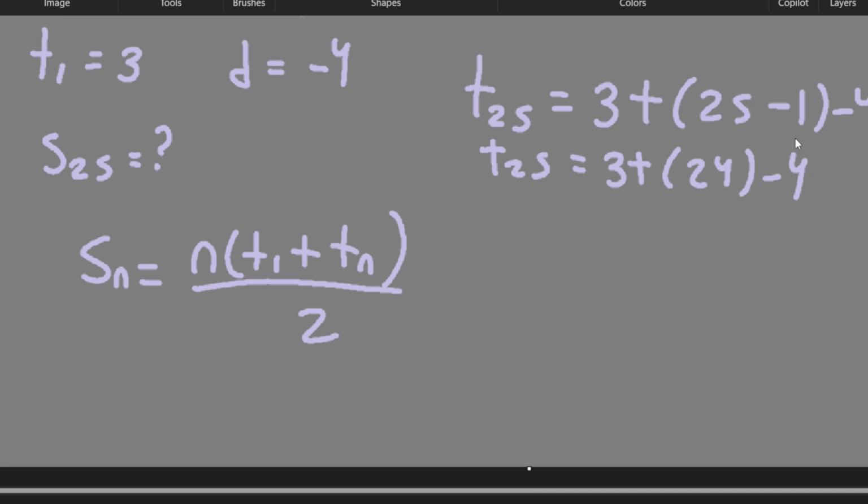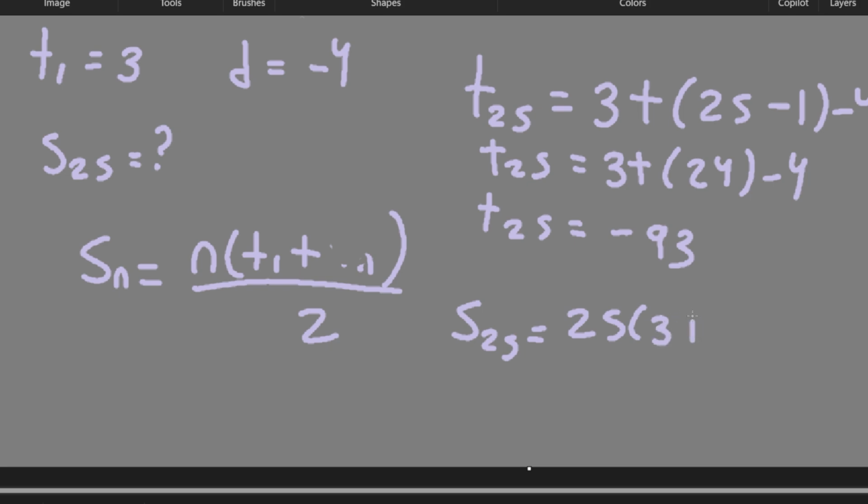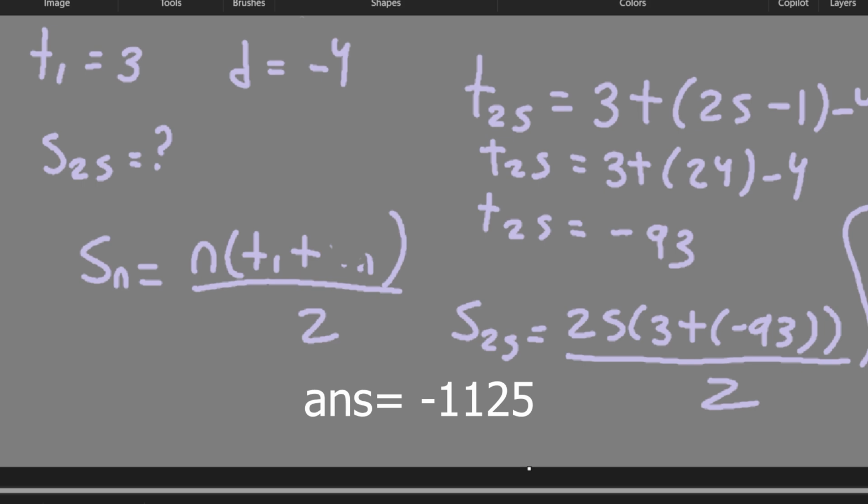Negative 4 times 24 plus 3 gives us that T25 is equal to minus 93. S25 will be equal to 25 times 3 plus negative 93, divide by 2. And the answer you get from this should be negative 1125. That is your sum for that.